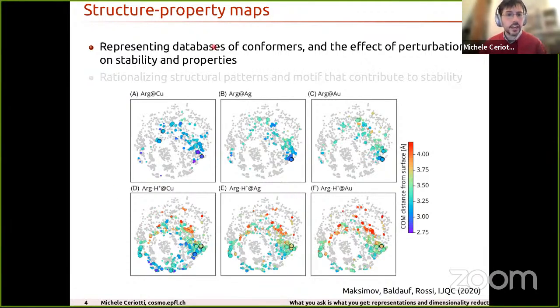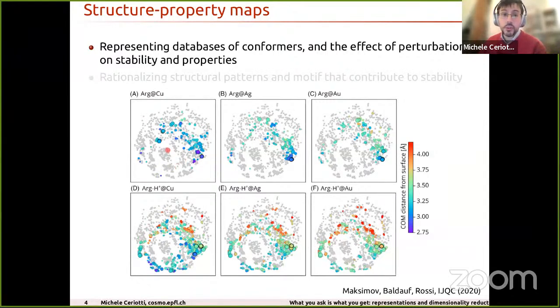For instance, here, and this is actually not a paper by myself, this is from Mariana Rossi and her group. What you see here in the background are the conformations of different oligopeptides mapped down to 2 dimensions. And the colored points correspond to the conformers that are found when these oligopeptides adsorb on a metallic surface.